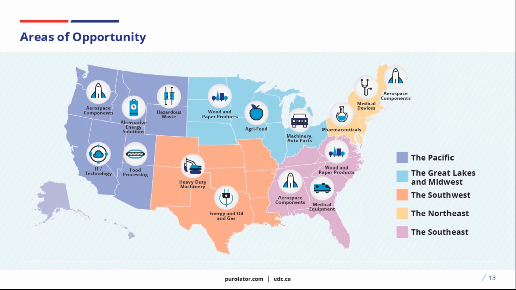In the Southwest region of the U.S., most of the current opportunities in this region are in energy and the oil and gas sectors. Canada has quite a strong presence in this region and has had for quite some time, given our oil and gas sector. The partnerships here and opportunities for Canadian firms are not just in drilling, but it's also in related supply chains.